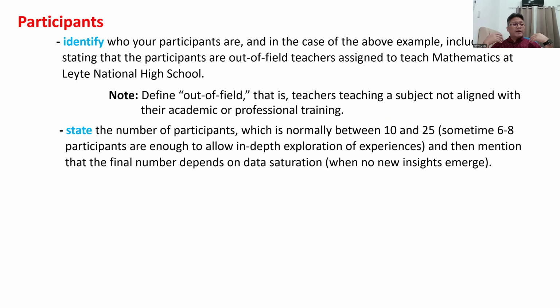But my suggestion, which is a common suggestion among scholars, especially qualitative researchers, is that if you have enough time and resources and energy, it's always a good idea to interview all 25 participants. But then again, in the scope and delimitation, if you don't have enough resources and time, then you stop, ideally, at the saturation point.